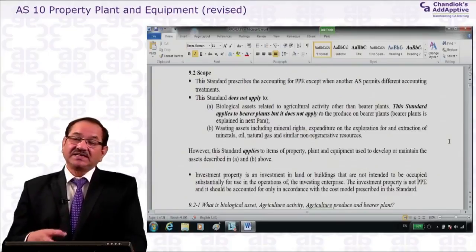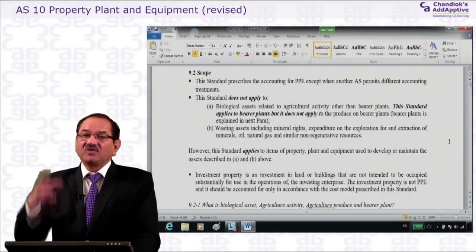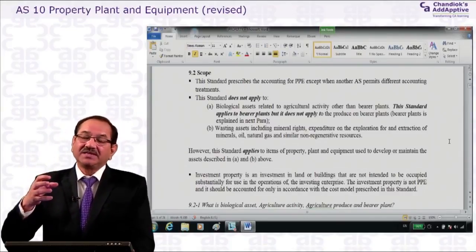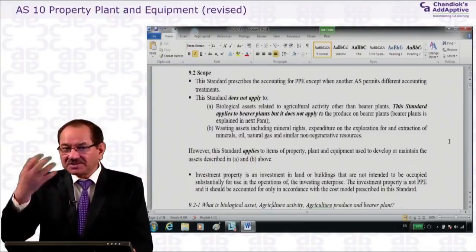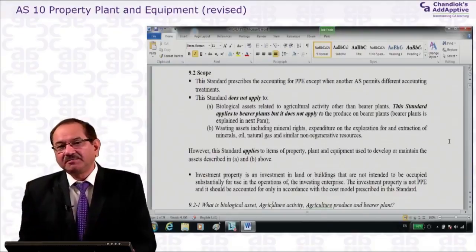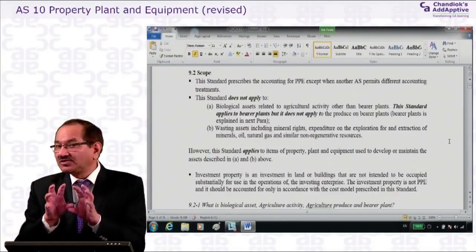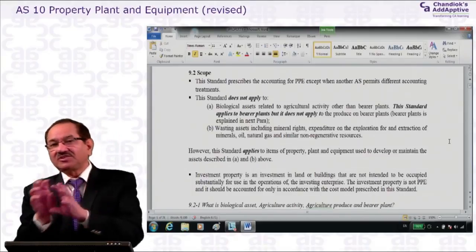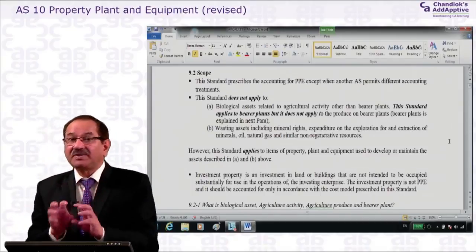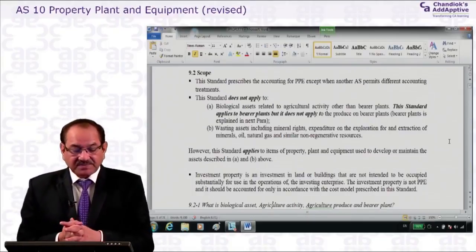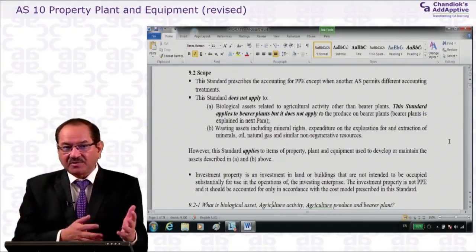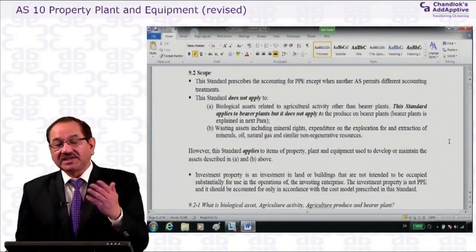As I told you, it applies to the mango tree, but it does not apply to the mangoes which come out of that tree. Every year the mango tree gives you mangoes. This standard does not apply to the mangoes, but it applies to the mango tree, which is the bearer plant. The bearer plant is explained. I have already explained this. What actually is this?